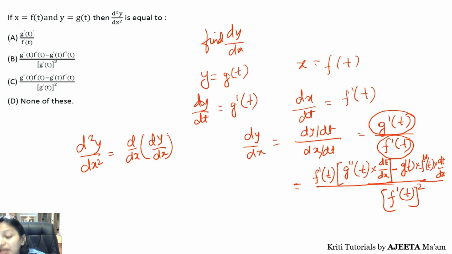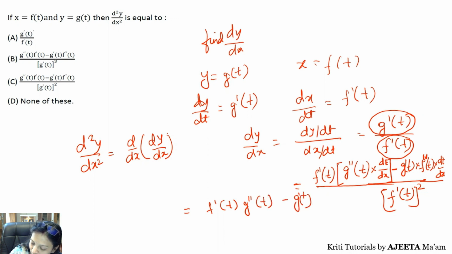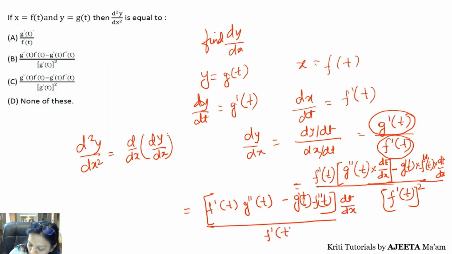That was my point. So now if I just write it, what will I get? f dash t into g double dash t minus g dash t into f double dash t, and if I am taking dt by dx common, so dt by dx upon f dash t whole square.